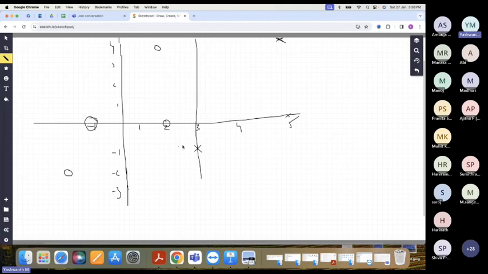Not just y equals 3, anything between 2 and 3, you are able to separate. On this side you have negative, and on this side you have positive.